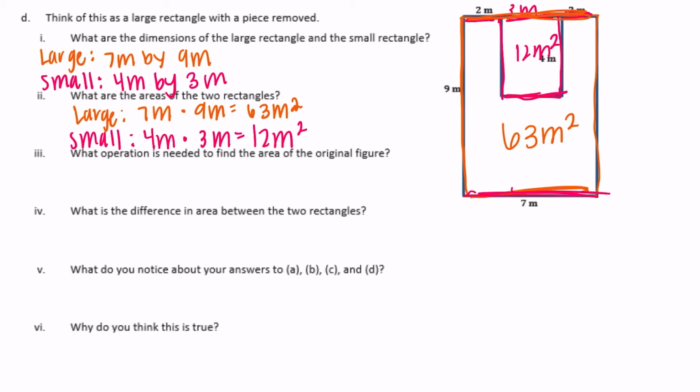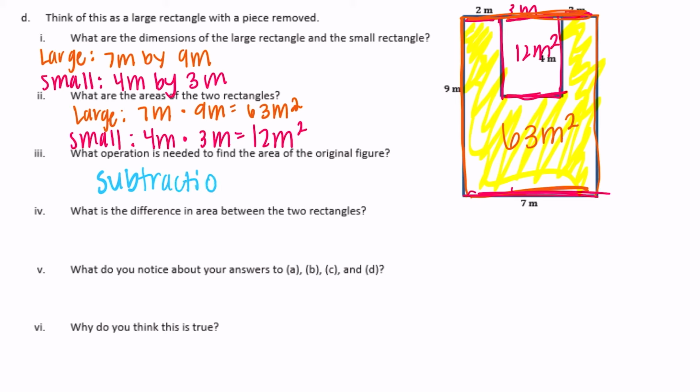To figure that out, we would need to subtract, because we're going to take the area of the whole big rectangle and subtract the small rectangle to figure out the area of the original piece. So what is the difference in area? 63 meters squared minus 12 meters squared would be 51 meters squared.